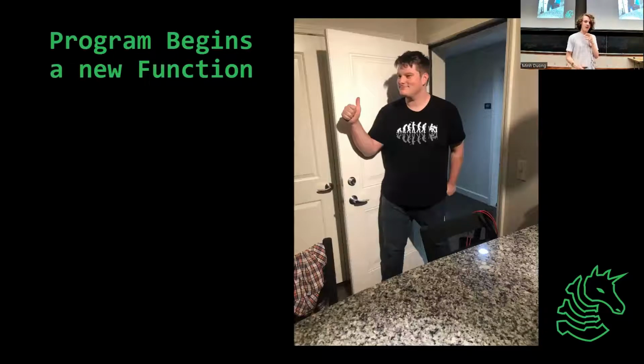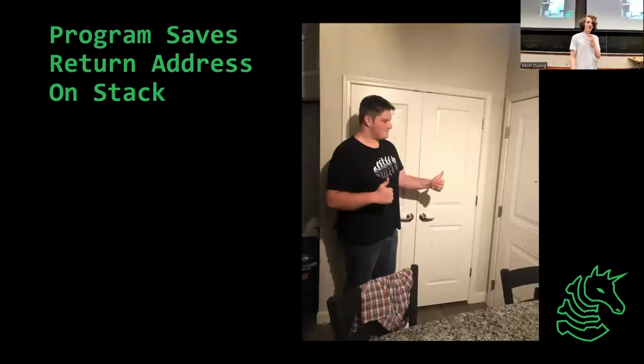So Thomas set up this thing last year that I think is a fun analogy about what return addresses are and what overwriting one can do. First, Thomas enters his apartment. The program's beginning a new function. He's very happy. Life is good. Now he decides, okay, I know where I want to go after I'm done with my task in this room. I want to go back out to the hallway through this door. He notes down, okay, this door leads to the hallway.